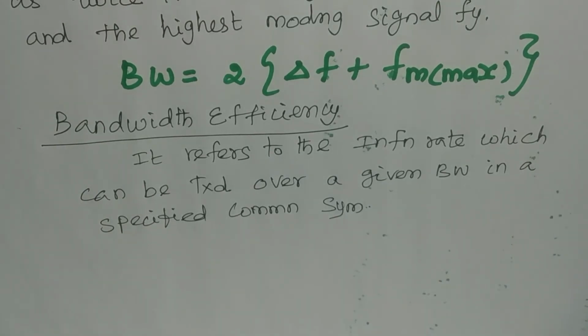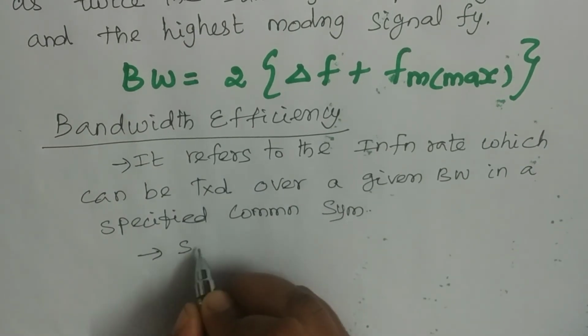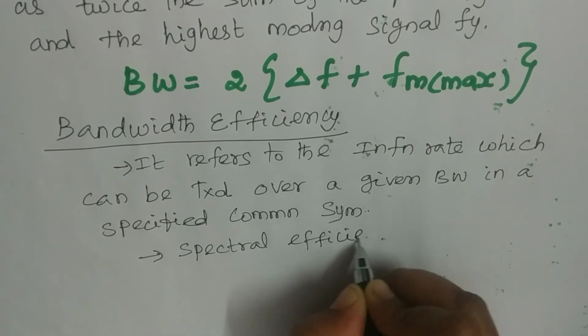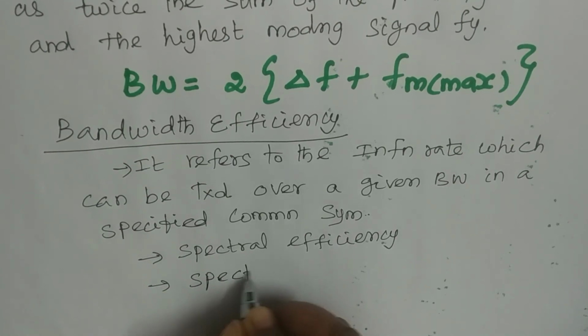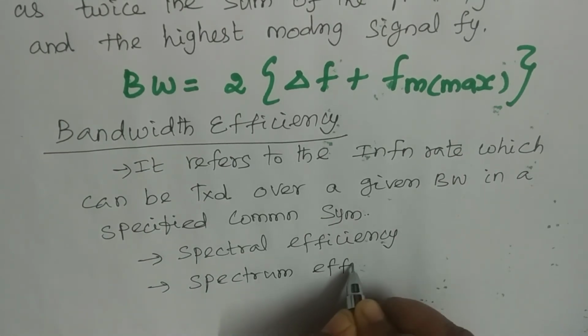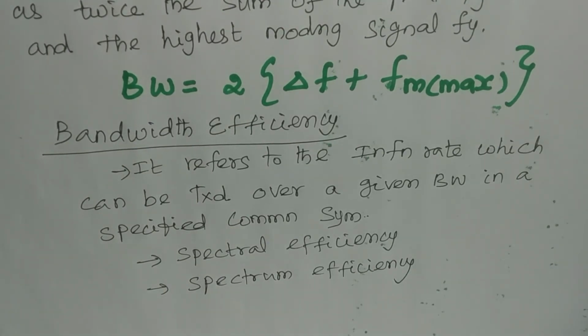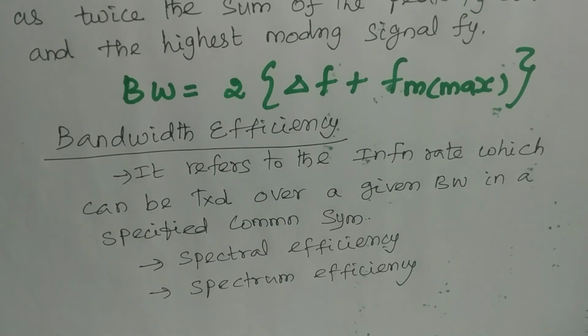Other names for bandwidth efficiency are spectral efficiency and spectrum efficiency. All are the same. It is nothing but the information rate that can be transmitted over a given bandwidth.